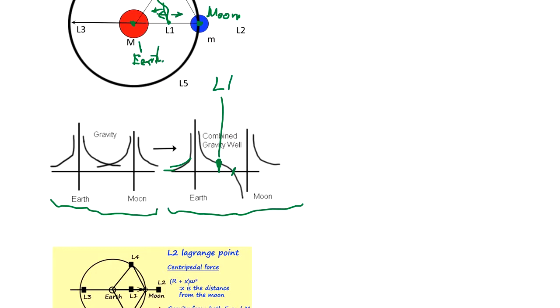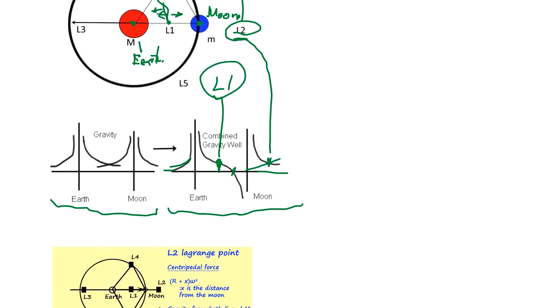Lagrange point 2: you have two gravities, Earth and Moon, and this one is moving too. So the gravity profile is like that, and you calculate the centrifugal force from the moon distance. There is a balancing point, so that's going to be L2, Lagrange 2 point.